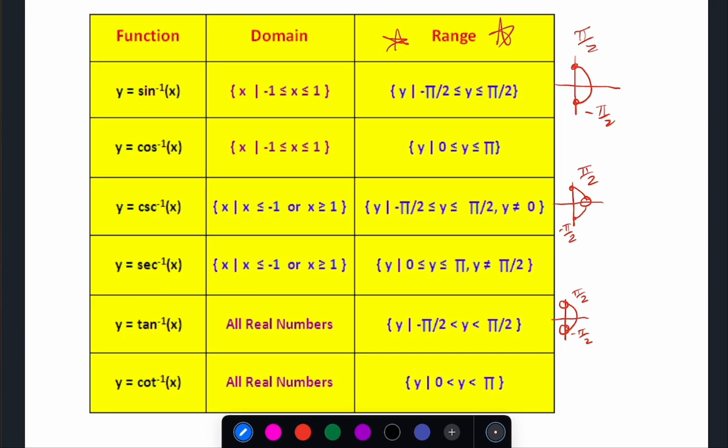The positives we call positive pi over 4, pi over 2. The negatives we would call negative pi over 4, negative pi over 2. So we're going to stick in a unit circle value, square root of 2 over 2, 1/2. And we're going to get out, you'll notice the range is our radian measure.